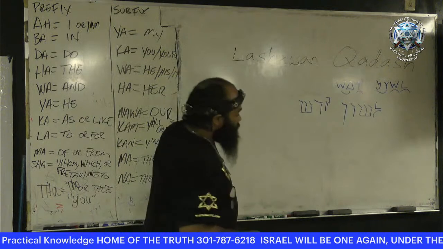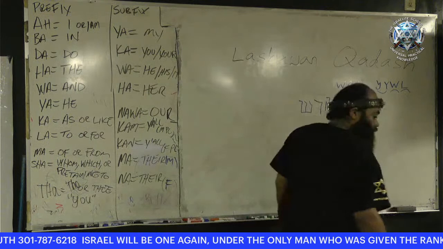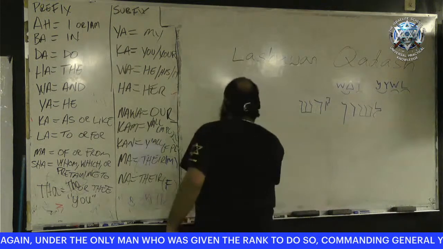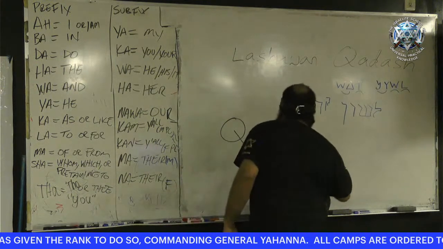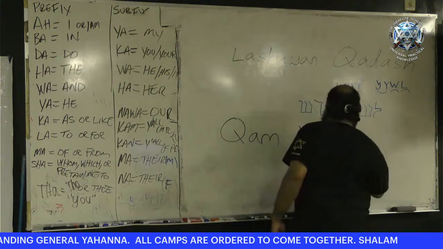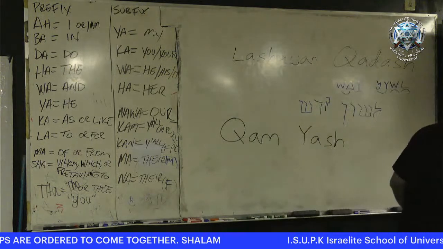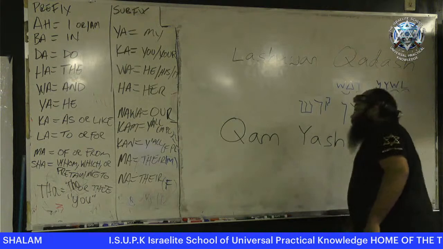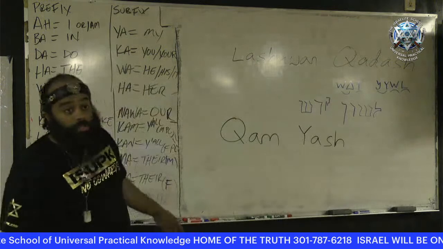All right, so next I'm going to have a young man come up and write this. You got Kwam Yashala, which means rise Israel. I might erase this so you don't have to kneel over. I know this is basic, but we might want to still add this to our notes.